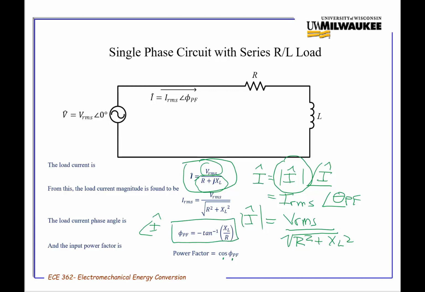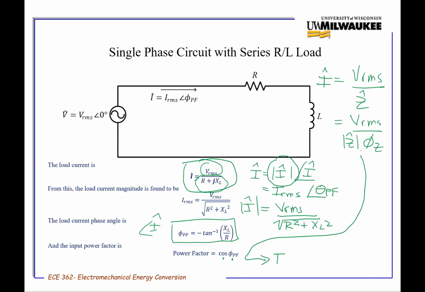Now if we recognize that what we actually have done here is we have calculated the current by taking VRMS and dividing it by the impedance. So we have the amplitude of the impedance and we have the angle of the impedance, which is phi z.